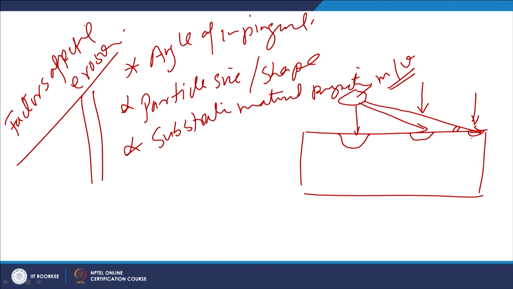So, the depth of penetration is less in case of low angle impingement as compared to high angle impingement, and we can relate this with the way materials behave under different conditions.